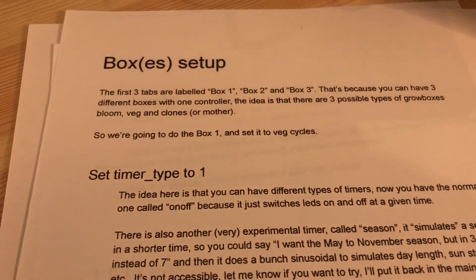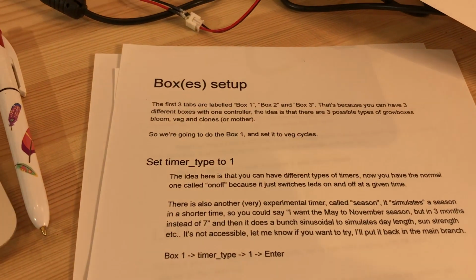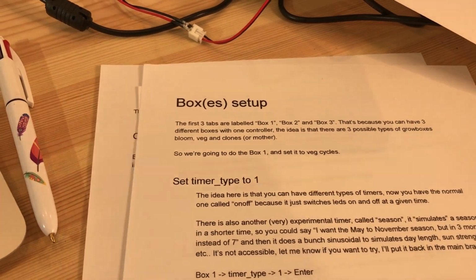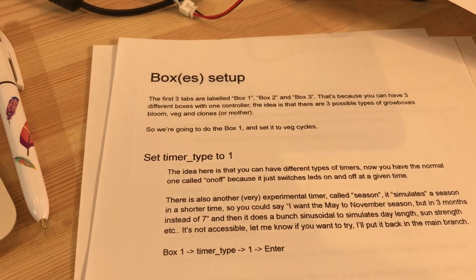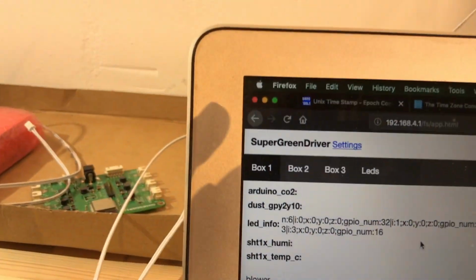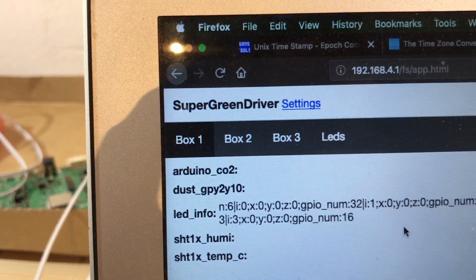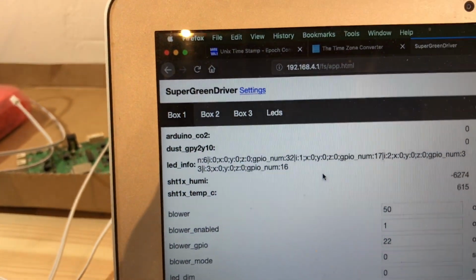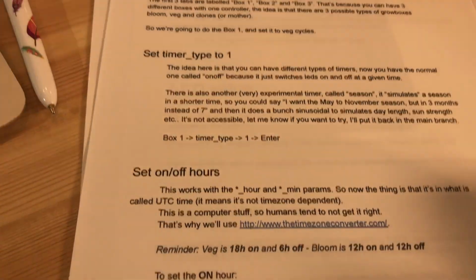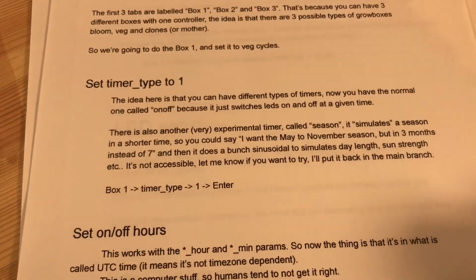Now, box setup. Now that the controller is on time and says it should be on, we're going to configure the boxes. You can see here you have box 1, 2, and 3. We're going to look at the LEDs just later. We're going to configure the first box, but they're all the same.